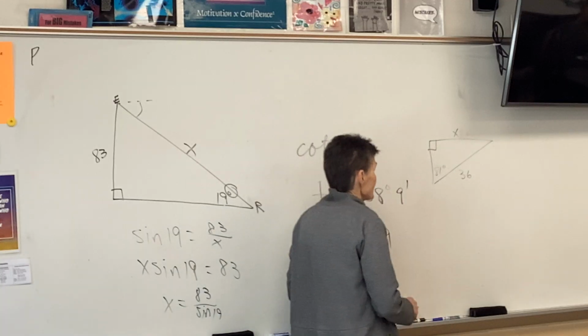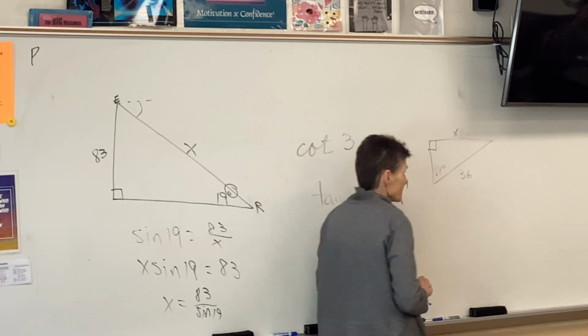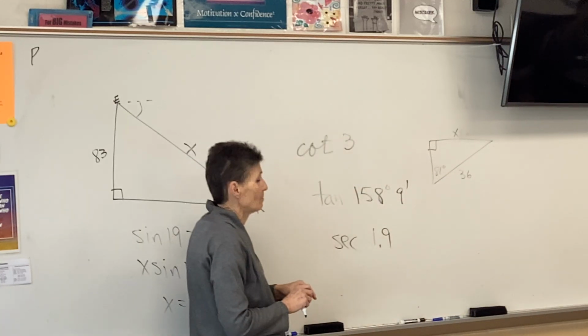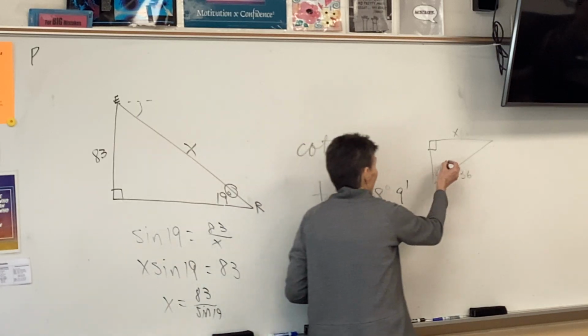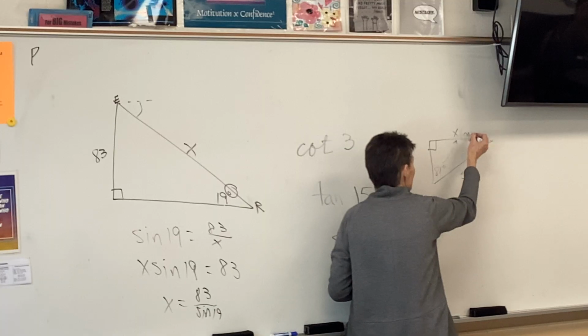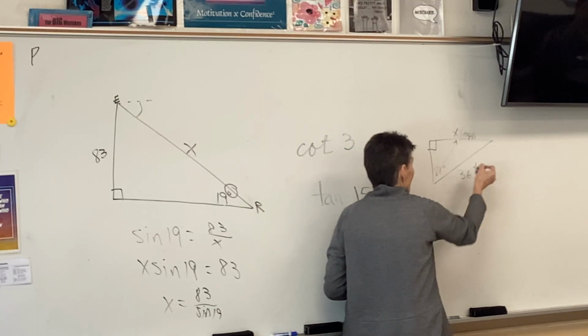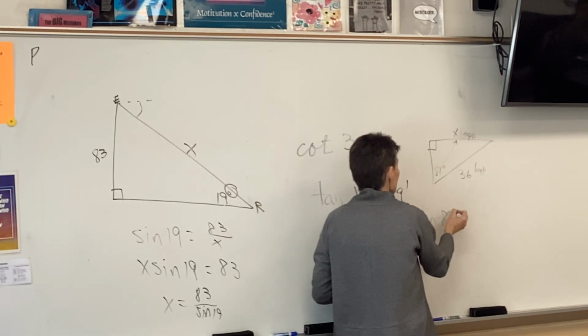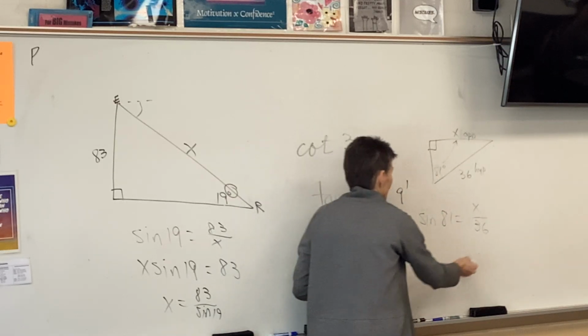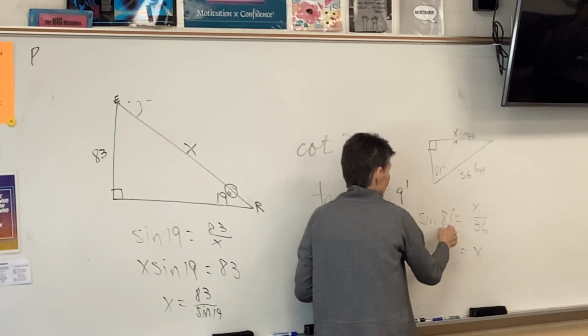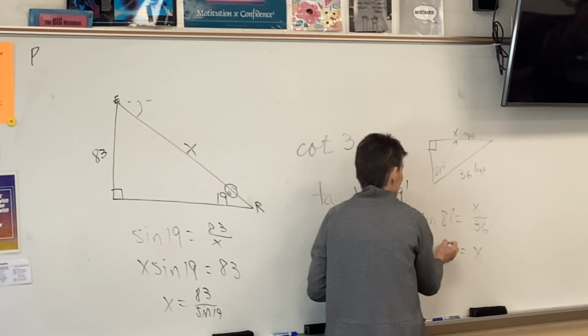Here's your angle. Is that going to be a sine, cosine, or tangent problem? Opposite and hypotenuse. That's going to be a sine. So sine 81 is x over 36.